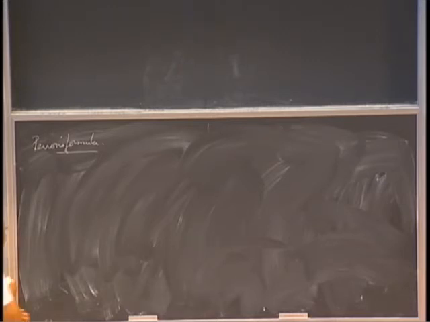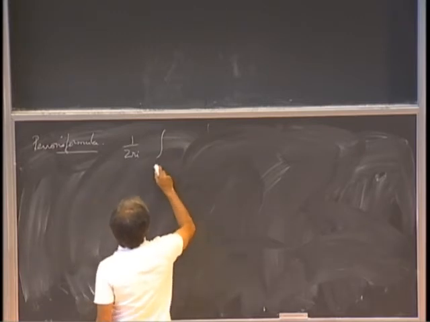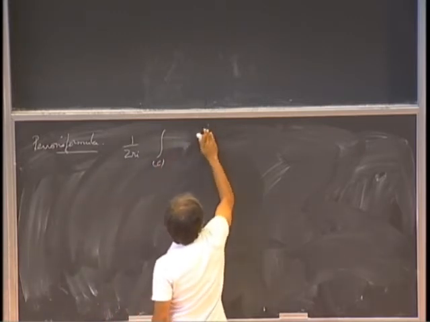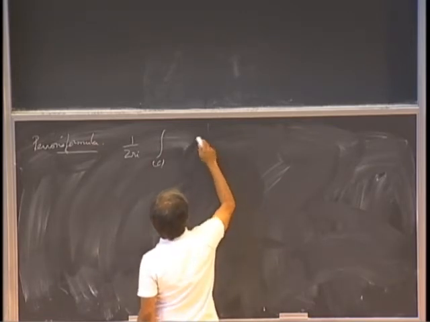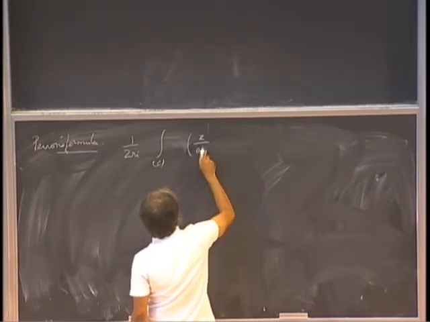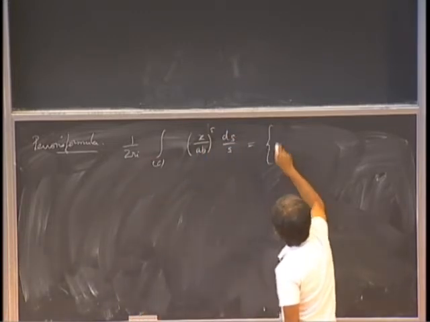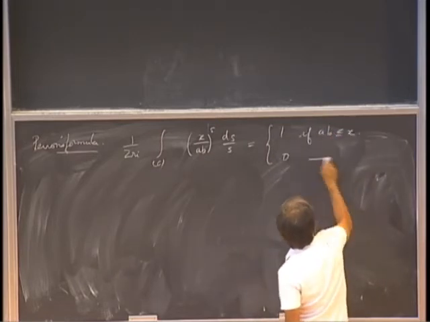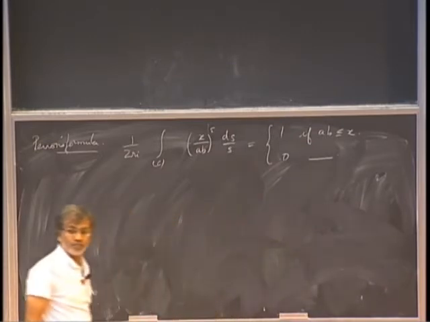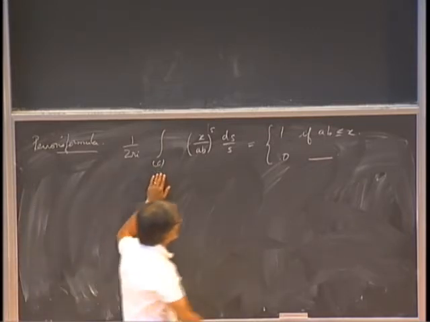But just recall that you can understand whether something is, let's say, if I integrate on some line to the right of 0, and if I look at something like x over ab to the s, then I can pick up 1 if ab is less than x, and 0 otherwise. Right? And here c is something just positive.